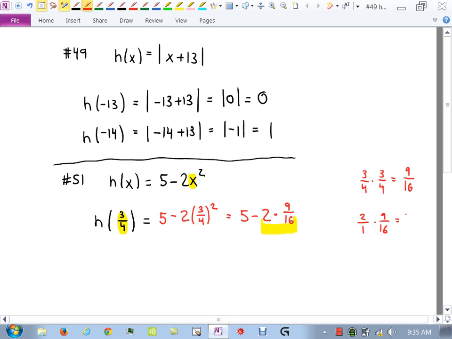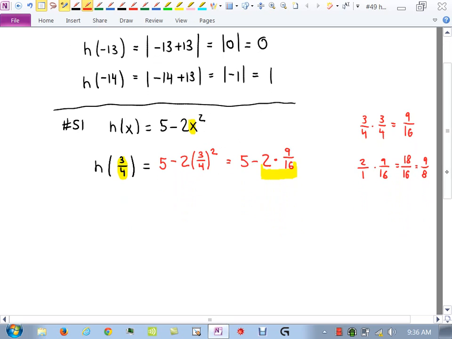Well, you can cancel here, reduce. Yes, you can cancel. If you cancel, the 2 will become a 1, and 16 will become an 8, so it'll be 9 over 8. Or you multiply straight across, get 18 over 16, which reduces to 9 over 8, right? Because 2 goes into each of those. So 9/8 right there. So what we have now is 5 minus 9/8.